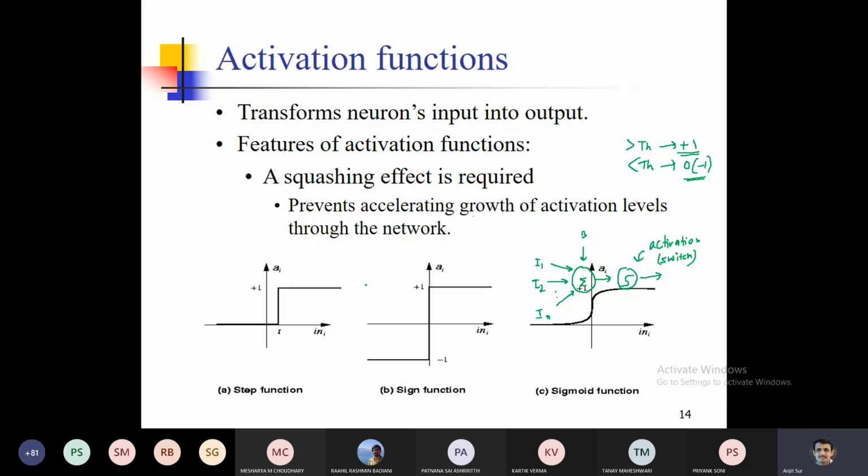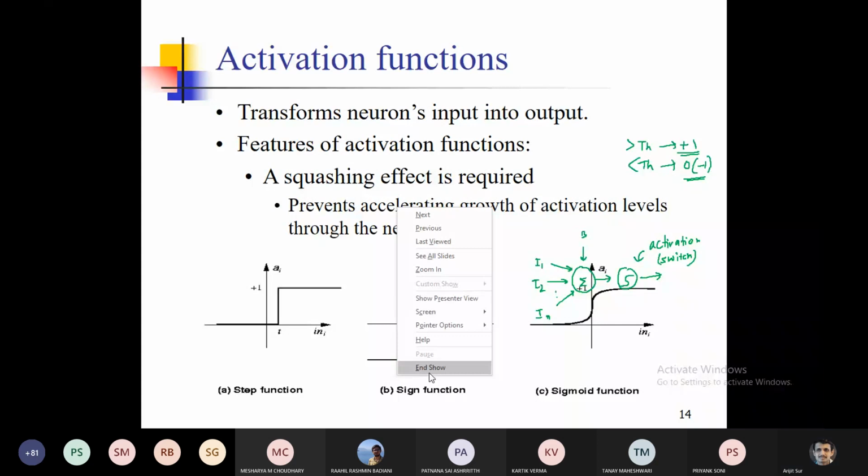Now here you can see the different activation functions.